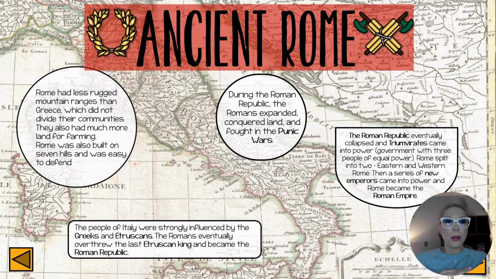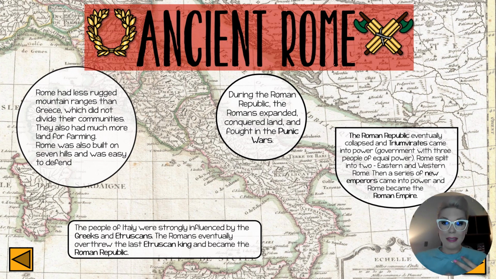So here we go. What about the geography of the landscape? They had less rugged mountain ranges than Greece, which did not divide their communities. Greece had city-states, and because of the mountain ranges, it kind of kept those city-states apart. Well, Rome didn't have that. They had much more land for farming.